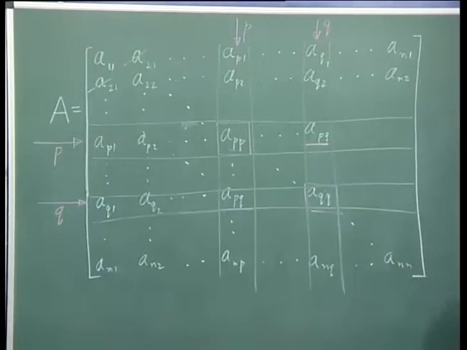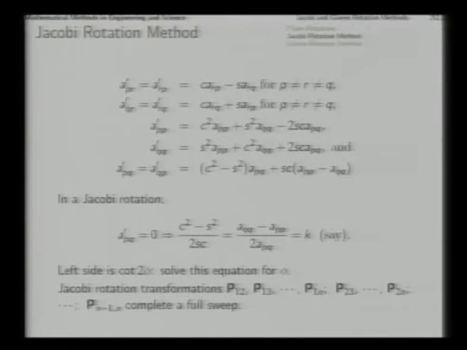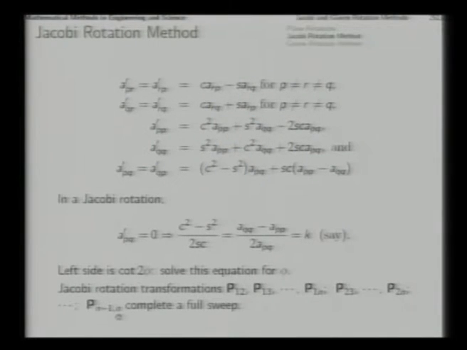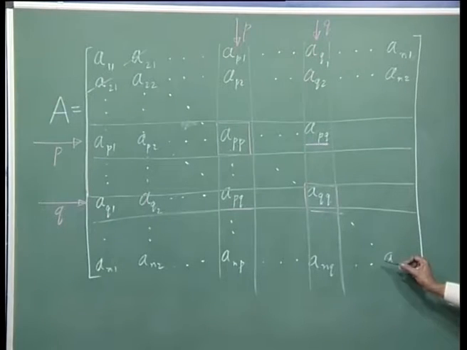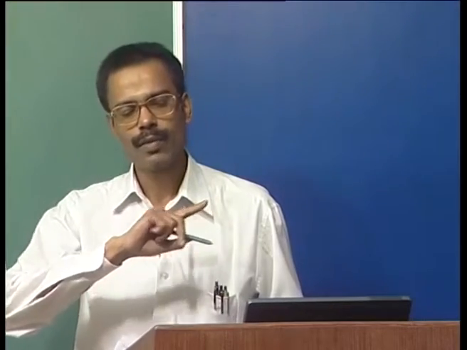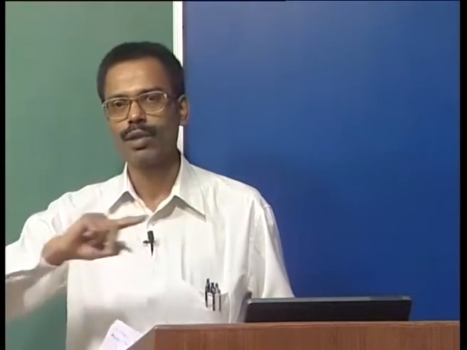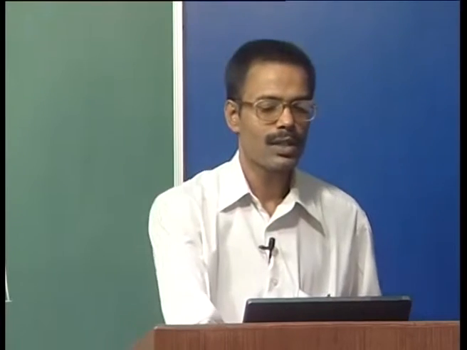Okay. So, that means that if we continue like this, then we will have a complete sequence of operations P12 to P1n, then P23 to P2n, then P34 to P3n, and so on. Finally, Pn minus 1 n, when we will be operating at this corner, will make this as 0, and that will mean that we have undergone the full sweep. The matrix has undergone through the full sweep of such Jacobi rotations.